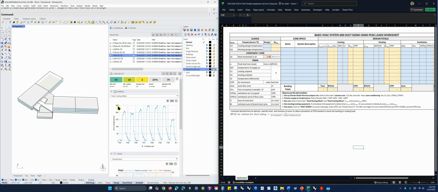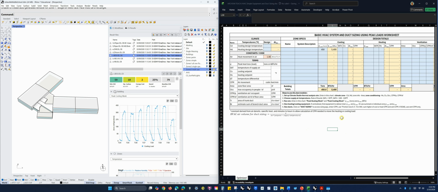So my peak cooling load is about 450 tons, and that's automatically converted to kilobtus. Now you remember that a ton of cooling is 12,000 BTUs, or 12 kilobtus. So often you'll see cooling equipment defined in tons. It'll also be in EER or SEER.